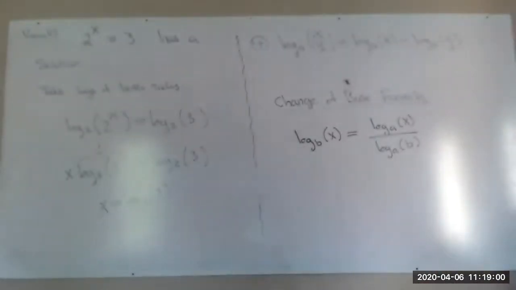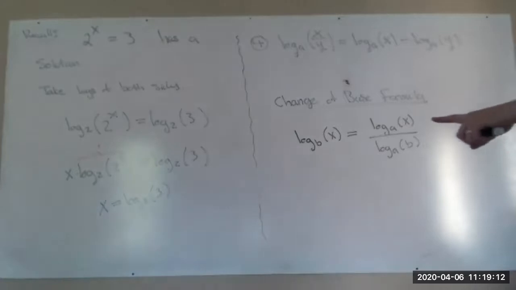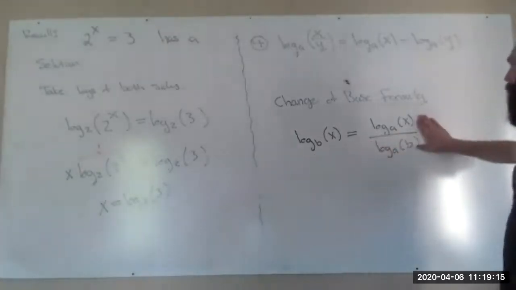But if I want to figure out how big this number is, if I want to get a decimal for this number, I look down at my calculator and I realize I only have 2 logarithm buttons. One says log, the other one says ln. So in order to get a decimal out of this with our calculator, we need to use this formula.